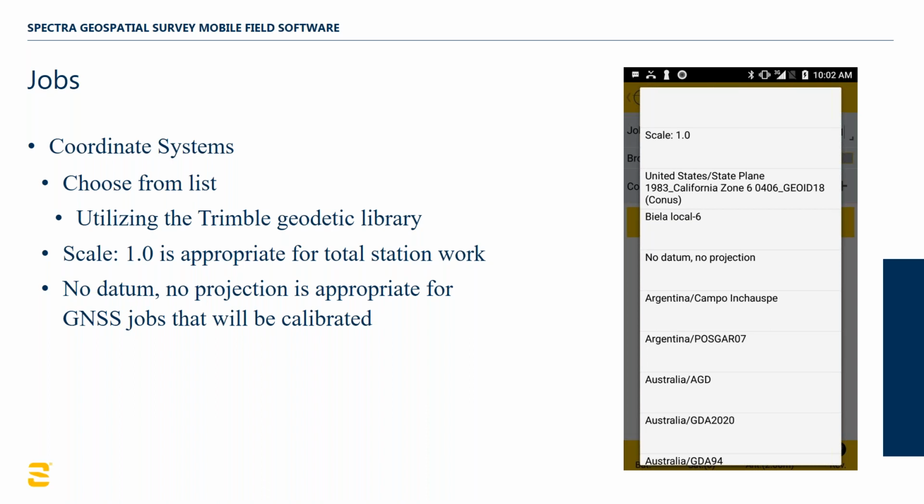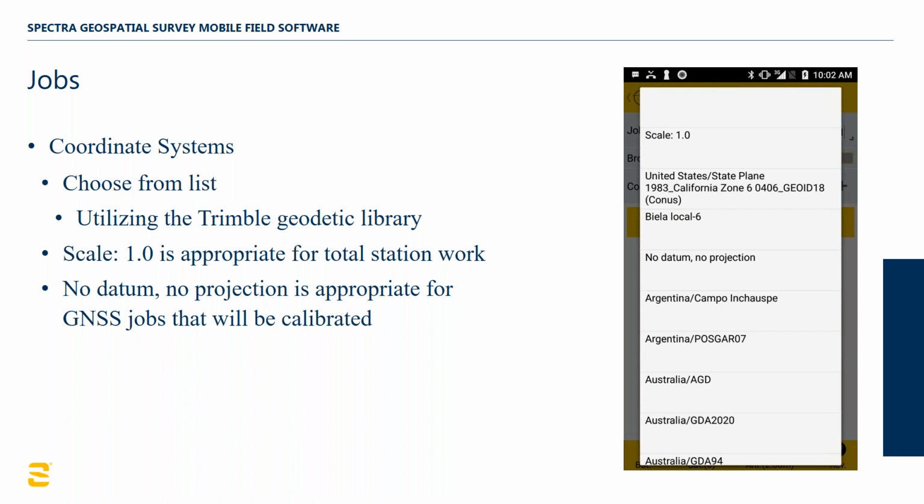But if you plan to work with GPS and you plan to be in a site calibrated condition where you're actually occupying ground control and comparing it to the GPS, in that situation, you would choose no datum, no projection as your coordinate system. If you're using a total station, you just want ground distances, that's scale 1.